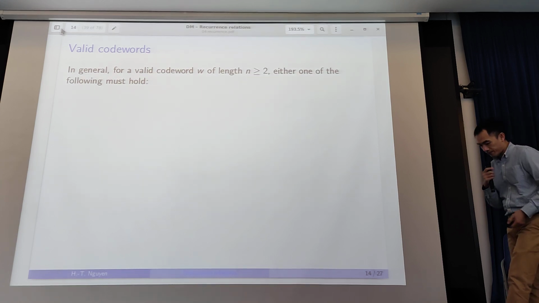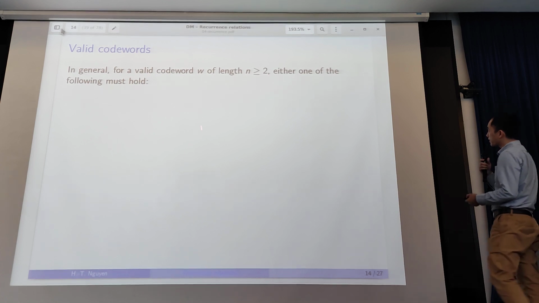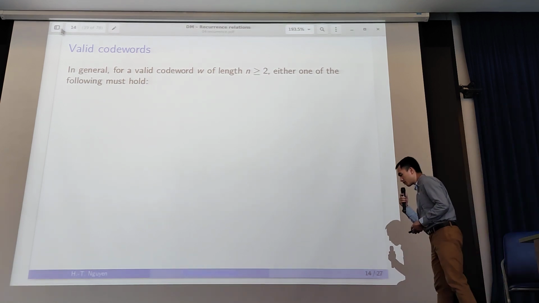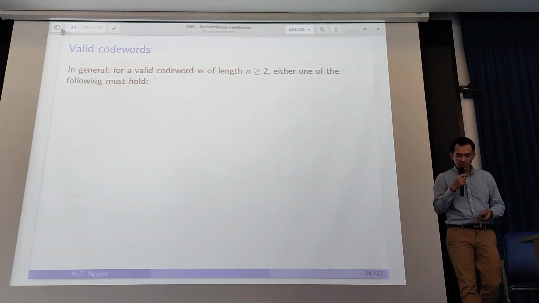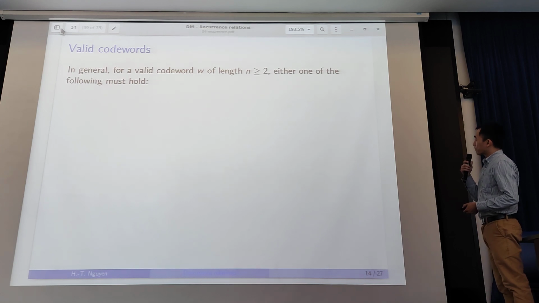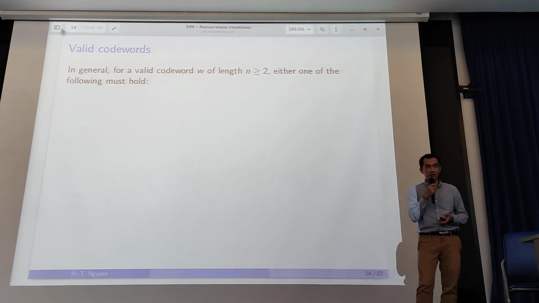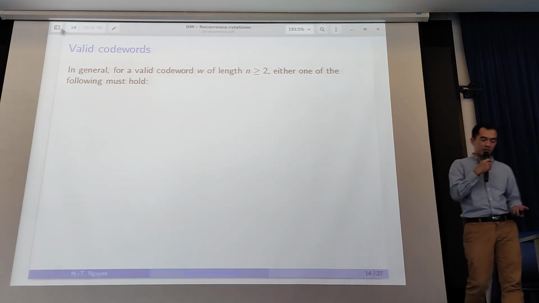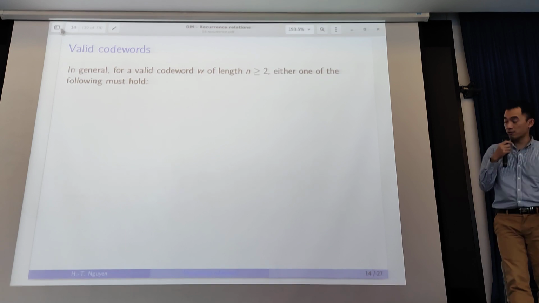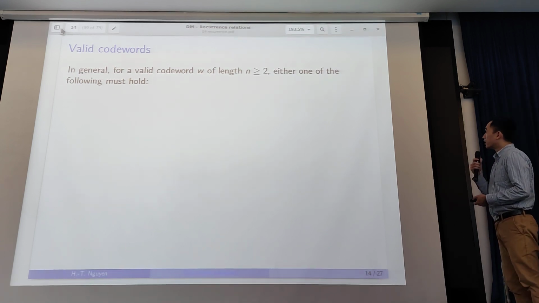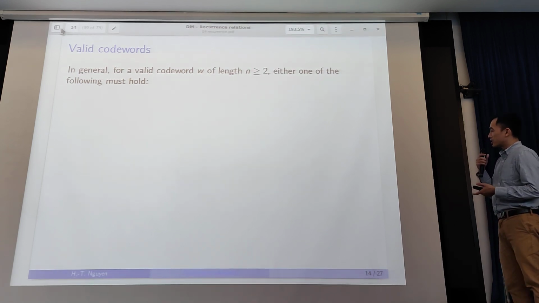So now maybe you will see it more clearly in this example. Now we want to establish a recurrence between the number of code words of length n and the number of code words of smaller length. So now suppose that n is at least 2.